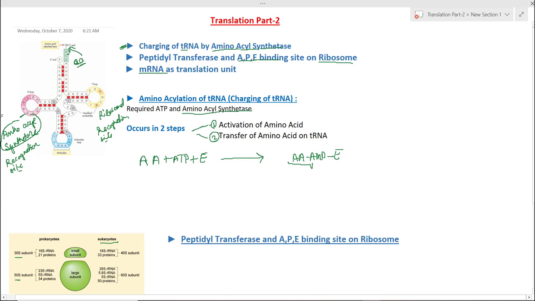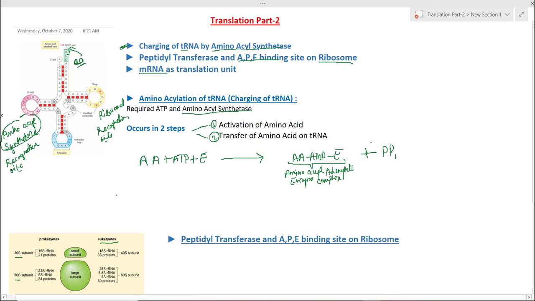This is the complex which is formed, and it is known as the amino acid adenylate enzyme complex. And what gets released? Pyrophosphate gets released. Two phosphate groups are released, and this complex is formed.